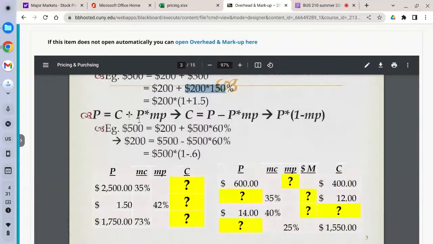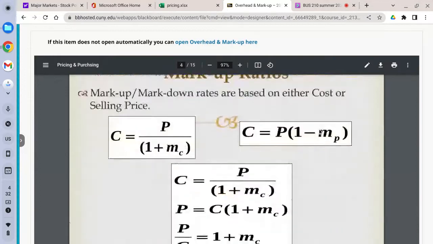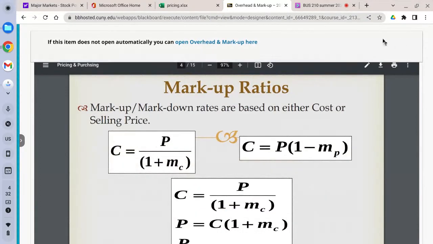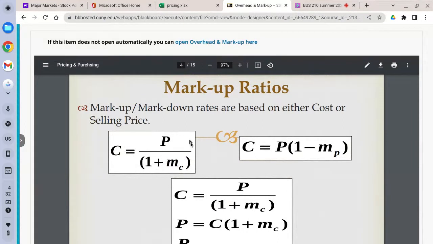And for markup rate based on selling price, the way it is set up, we are solving for cost directly, right? So this is the cost when markup rate is based on cost.